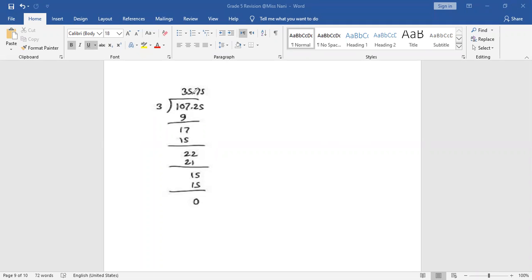I got 5. Then the decimal point is in the same place. How many 3s in the 1? 0. How many 3s in the 1? 0. So the decimal point is the same. So we complete the long division and the answer is 35.75.